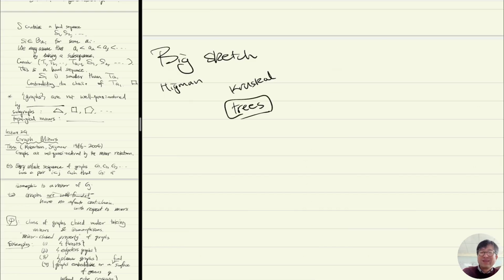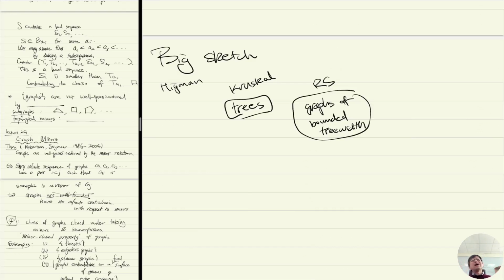Trees are well-quasi-ordered. Then Robertson and Seymour proved this for graphs of bounded tree width. So these are the graphs which are close to trees.